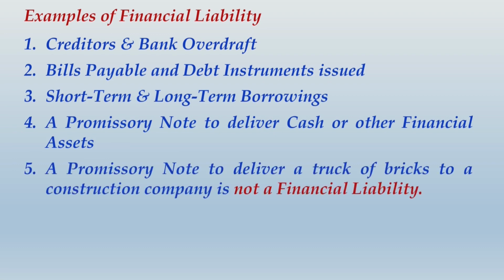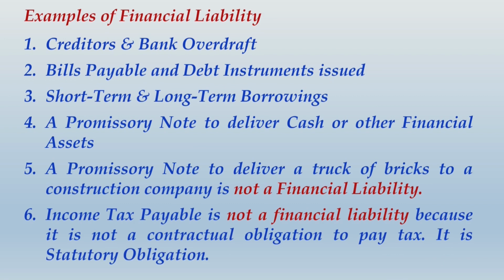A promissory note to deliver a truck of bricks to a construction company is not a financial liability. I remember I gave you the same example some time back. Income tax payable is not a financial liability because it is not a contractual obligation to pay tax, it is a statutory obligation. So I would want you people to write down these contents and then I take you ahead.